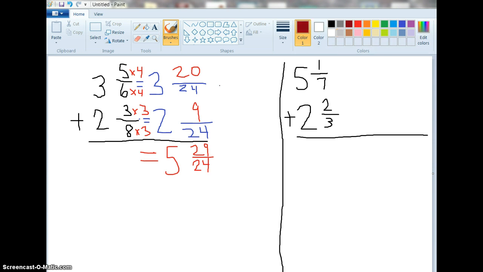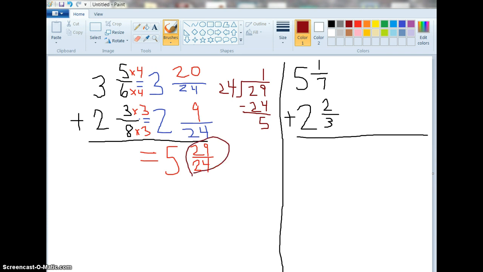So over here we'll just take 24 into 29. And you know that goes one time, with 5 left over.